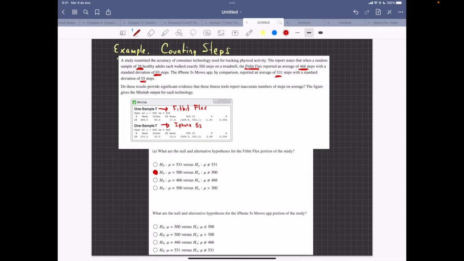And for the iPhone, it's the same, 500, but the iPhone says it's greater, right?